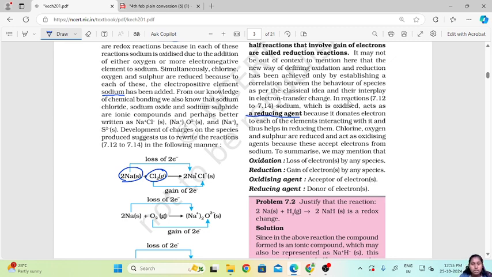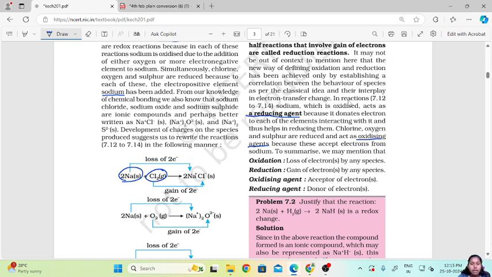Chlorine, oxygen and sulfur are reduced and act as oxidizing agents, because they accept electrons from sodium.